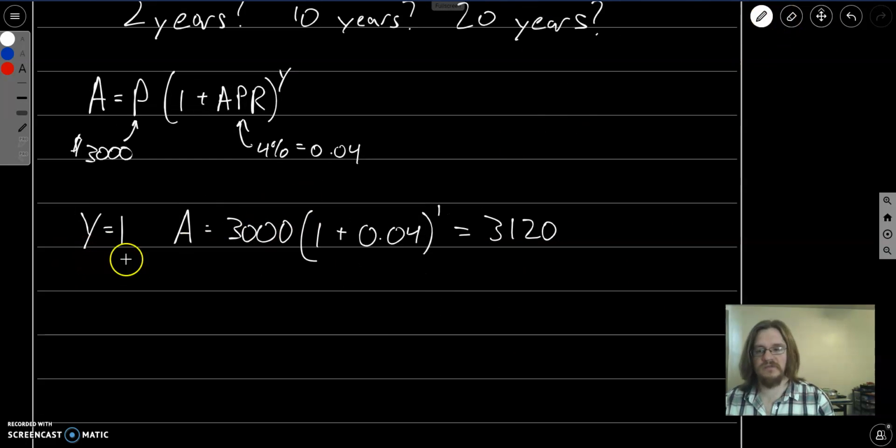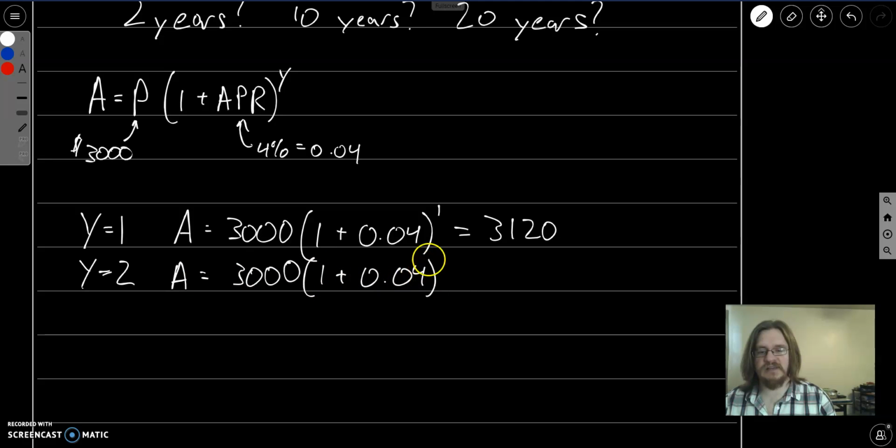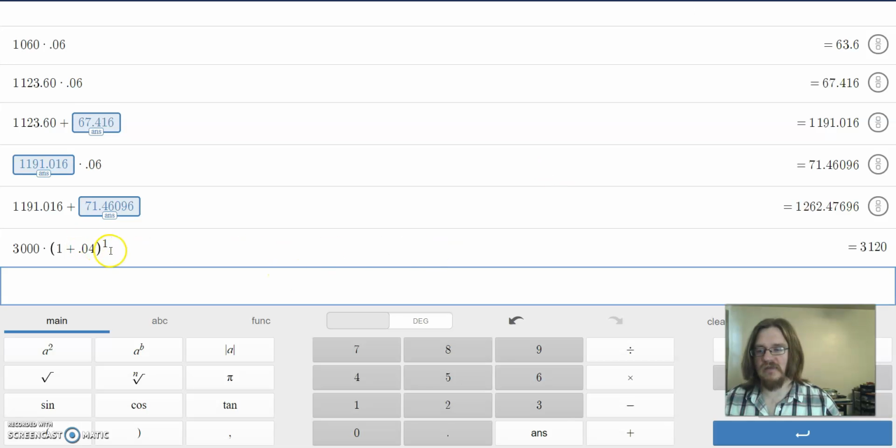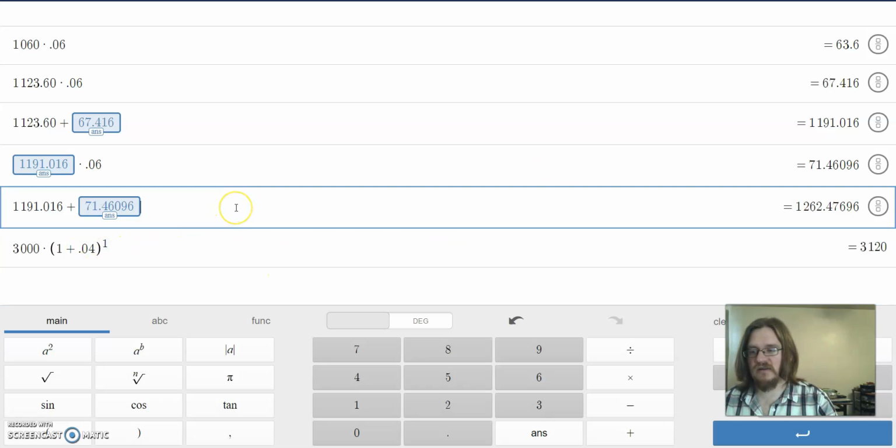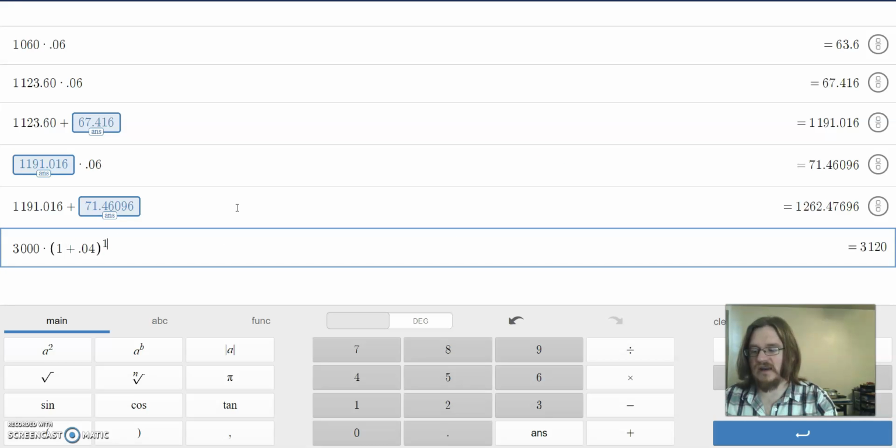Year 2 is going to be the same thing. It's the same formula, except we have it for 2 years instead of 1. So I'm just going to come back up here and change the 1 to a 2.